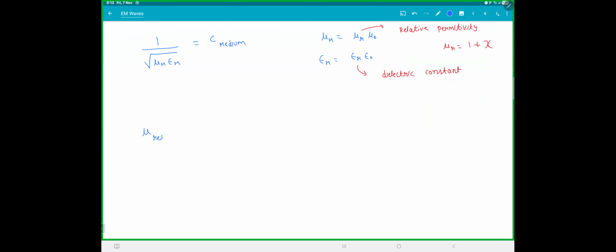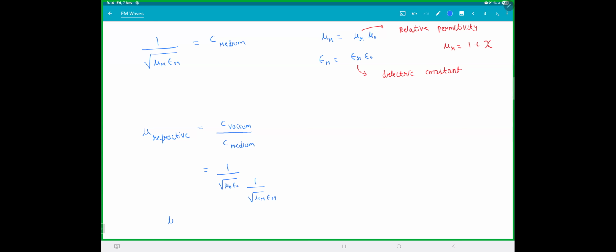So the refractive index of a slab, all this stuff is connected to ray optics. Refractive index mu is what? C vacuum by C medium. That is the definition of mu. So this will be 1 by root over mu naught epsilon naught divided by 1 by root over mu m epsilon m.